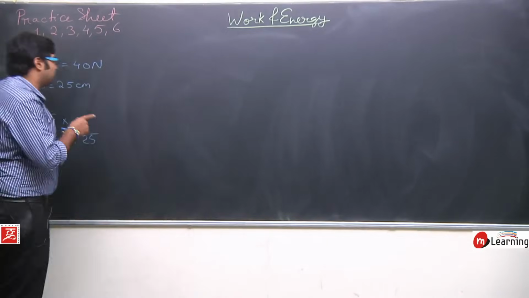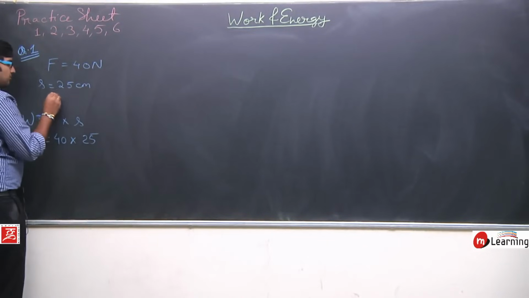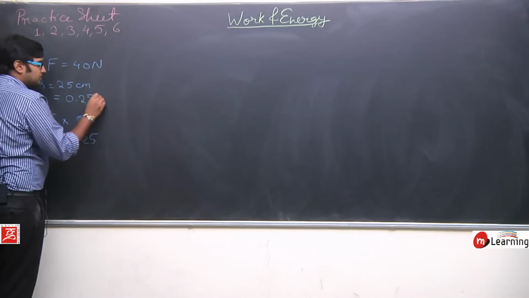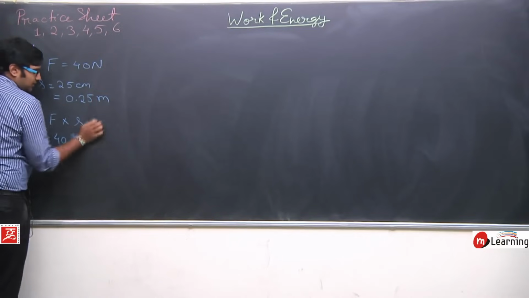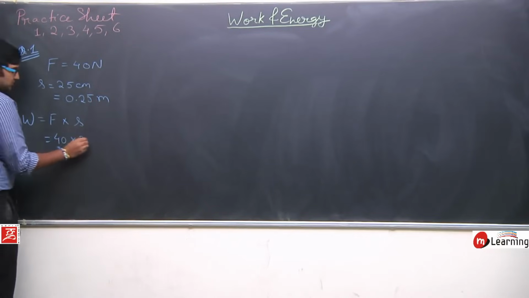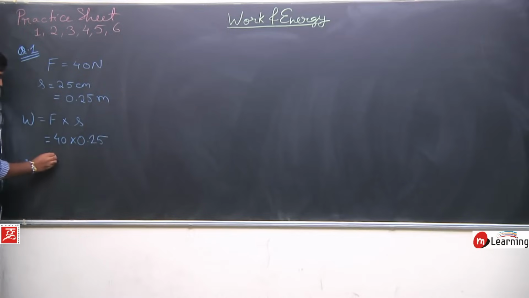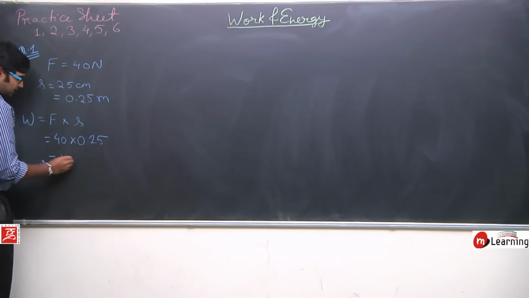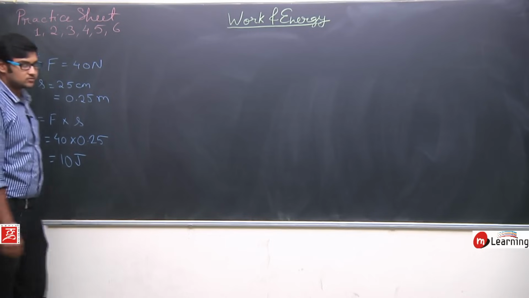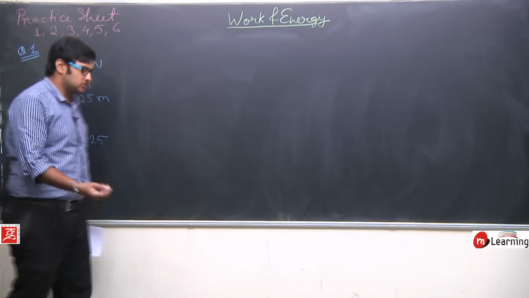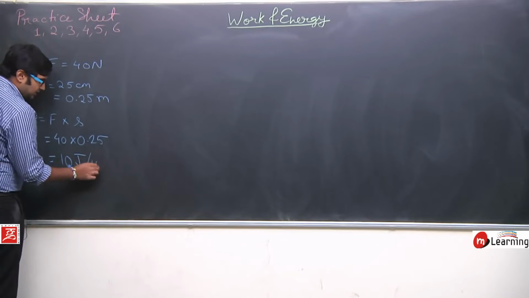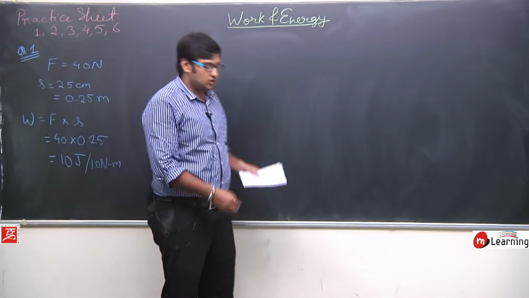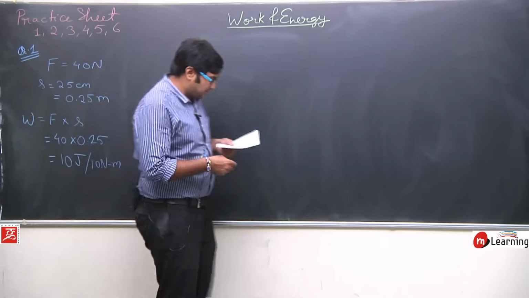So first we have to convert 25 centimeters to meters, so it will become 0.25 meters. Now instead of 25 I can write displacement as 0.25 meter. Just multiply this, 40 into 0.25 will give you 10 joules, or you can write it as 10 Newton meter. Both are same, no problem, you can use any of the units. So this completes question number 1.